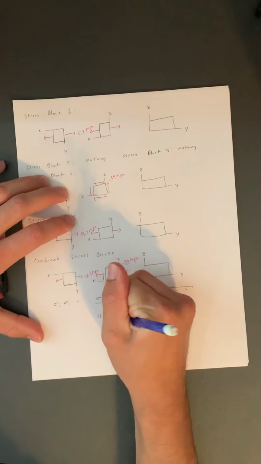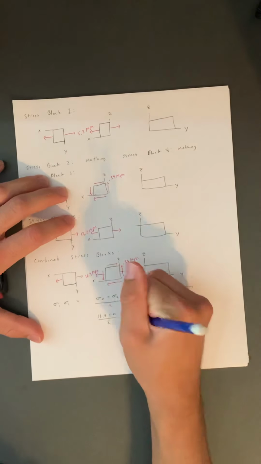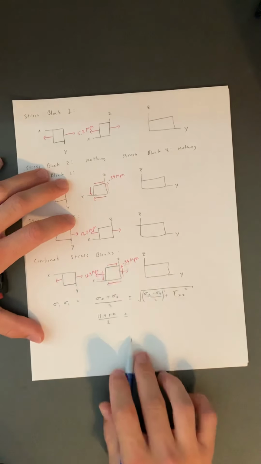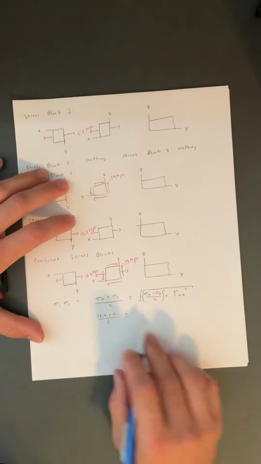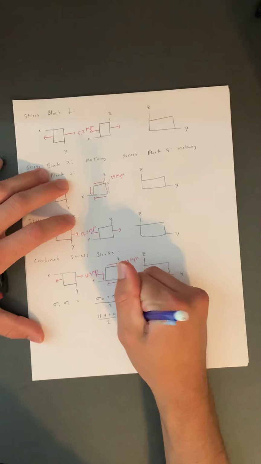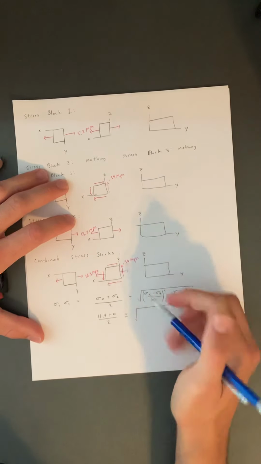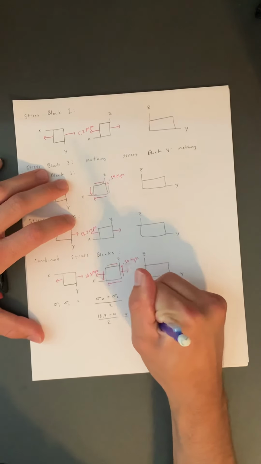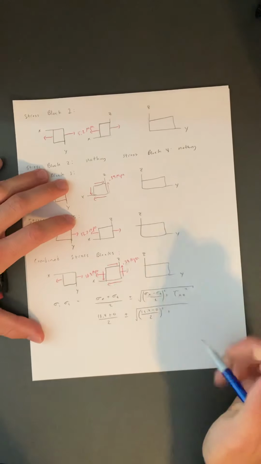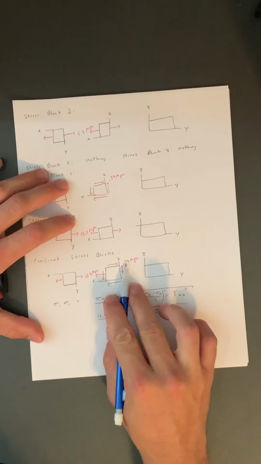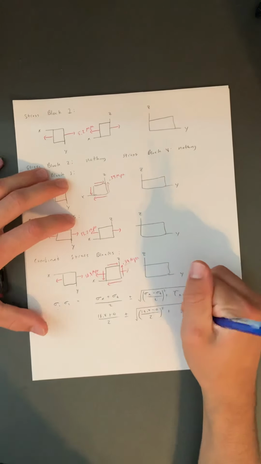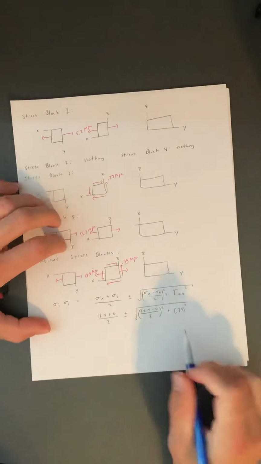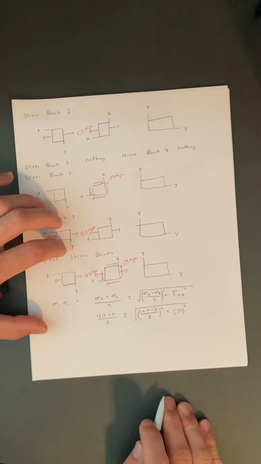So we're going to put 18.4 plus 0 over 2 plus or minus, and this is sigma x coming from the 18.4. Sigma z, we have nothing in the z, and divide by 2 plus or minus the square root, and sigma x is again 18.4 minus 0 divided by 2 squared plus 0.39. I'm not going to put negative because it gets squared anyways, but we would technically put negative there.